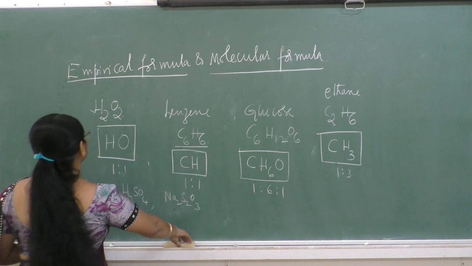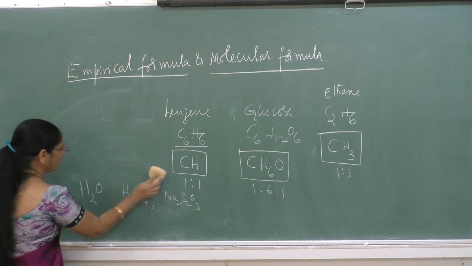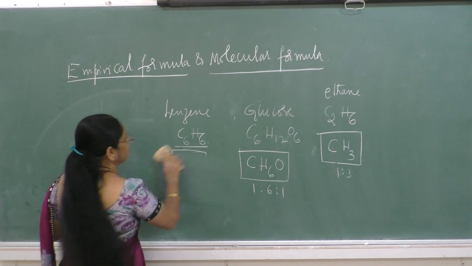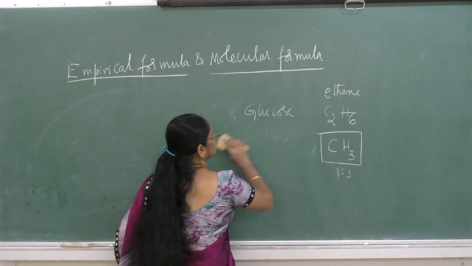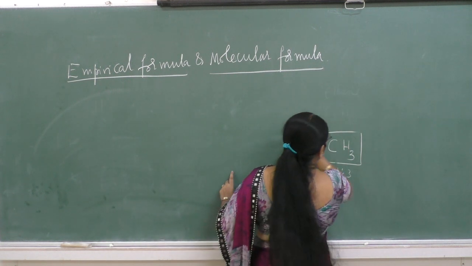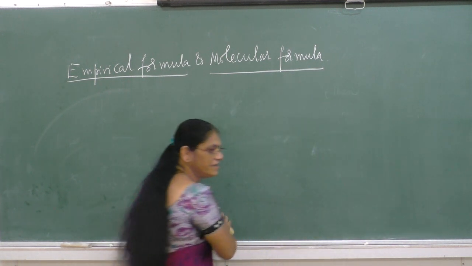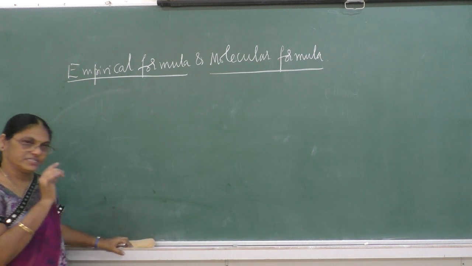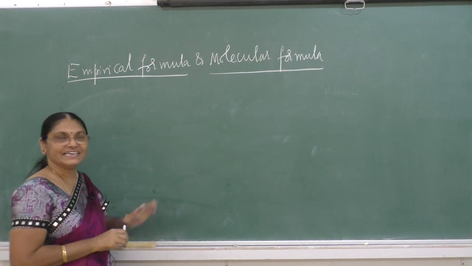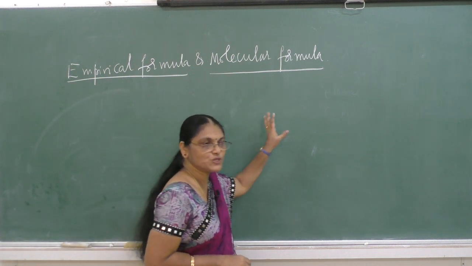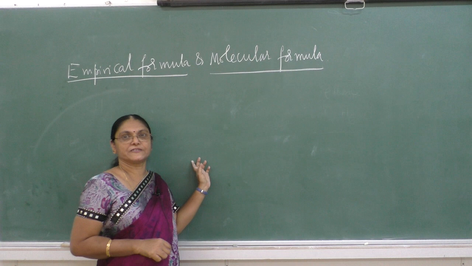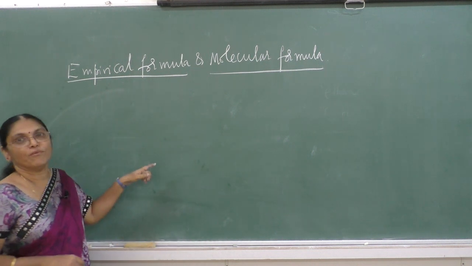Now what is meant by molecular formula? Molecular formula gives the exact number of atoms of different elements present in the compound. This molecular formula is the actual number of atoms of different elements present in the compound.